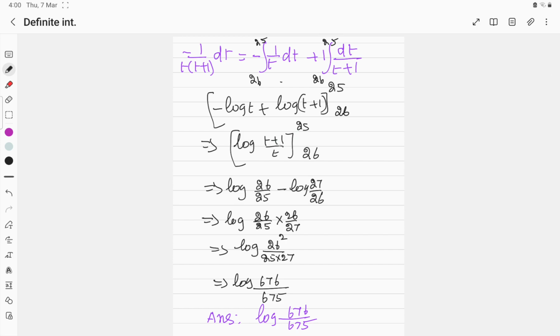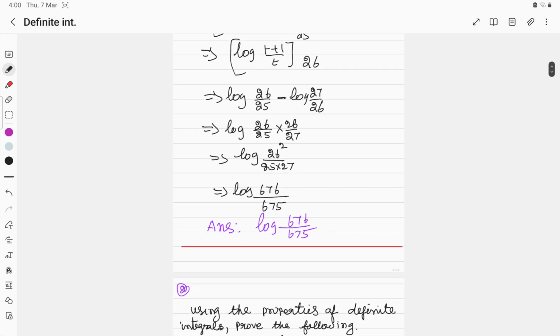T is equal to 26 by 25 minus log 27 by 26. Here log minus, log 26 by 25, it becomes reverse 26 by 27. We get log 26 square by 25 into 27. Then we get log 676 by 675.